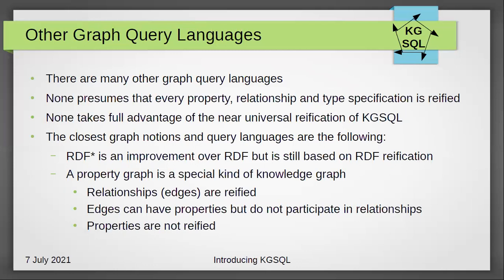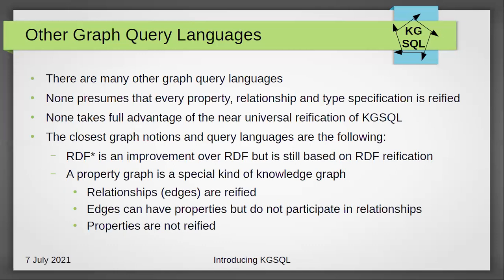Now, there are other graph query languages. And I should also mention there are programming languages that have graph processing features. So there's quite a few of these. As far as I know, they don't uniformly assume that everything is reified. The closest in a query language that I found was RDF star, but that's still based on RDF reification.